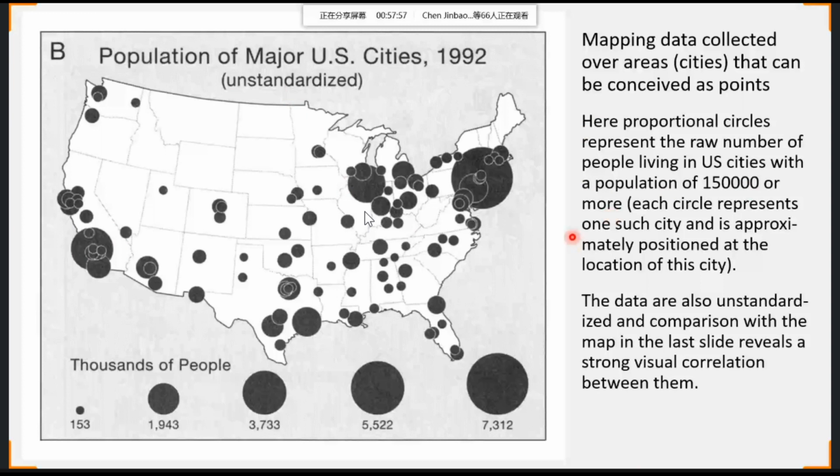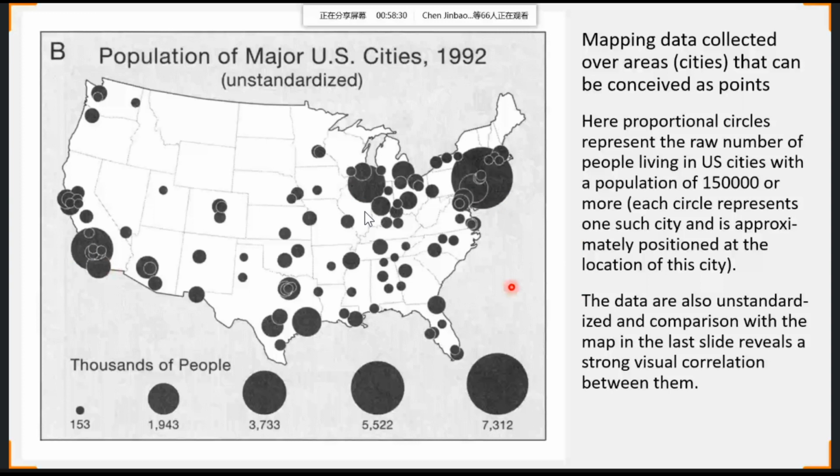Each circle represents one such city, and is of course approximately positioned at the location of the city. The data are also unstandardized, and comparison with the map in the last slide reveals a strong visual correlation between them. So again, we have New York, Chicago, and Los Angeles here as the three largest cities. So it's just a population map.